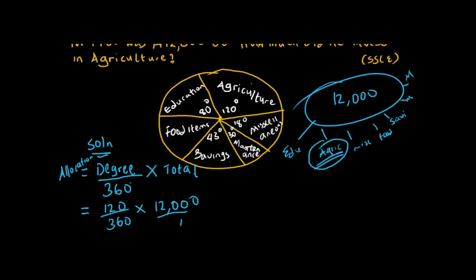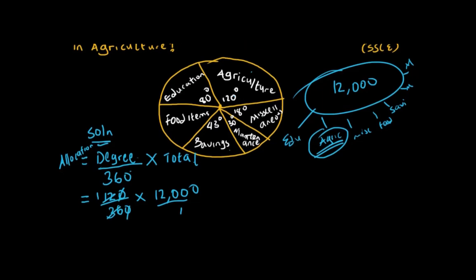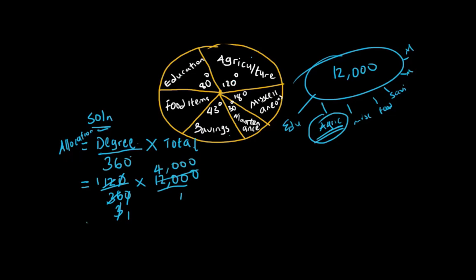So let's do this. 0 cancels 0. 12 here 1, 12 in 36 is 3. So we have 3. 3 here 1, 3 in 12 is 4. So we have 4,000. So it means that 4,000 naira was allocated to agric.